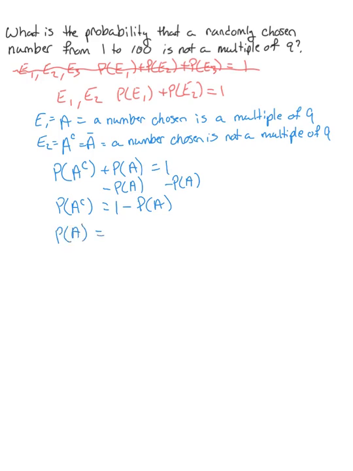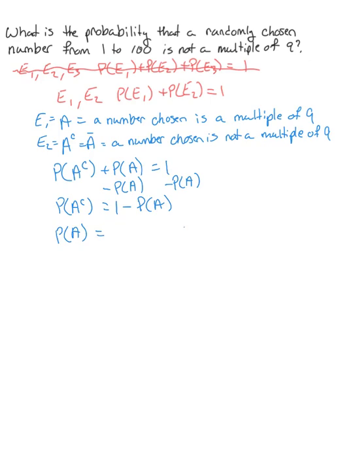Now in order to answer that, we just need to figure out the probability of A. The probability of A is going to equal how many numbers from 1 to 100 are multiples of 9. And we can list all those out. So why don't we do it?